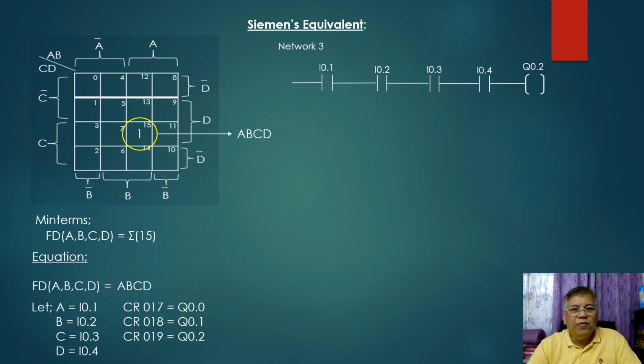Okay, now for the fire department notification, it has only one minterm, and that is 15. So we locate our minterm here, which is 15. You have only one cell which is present. So we obtain the equation for that particular cell, and that is under A, under B, under C, and under D. So you have ABCD as your equation.